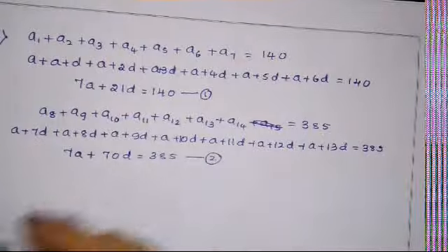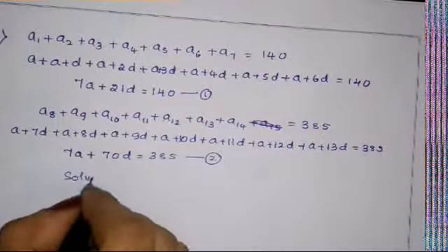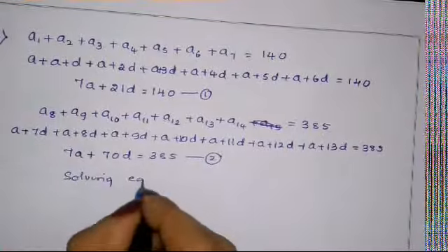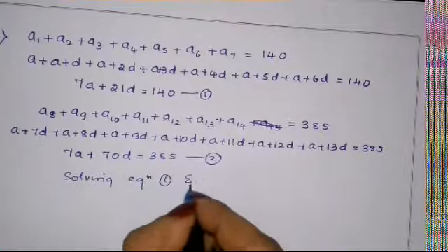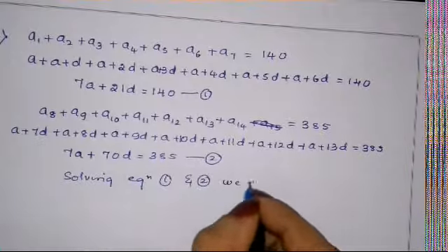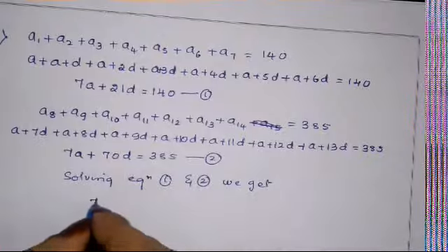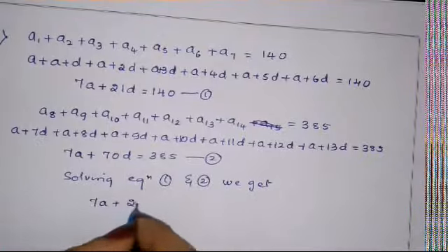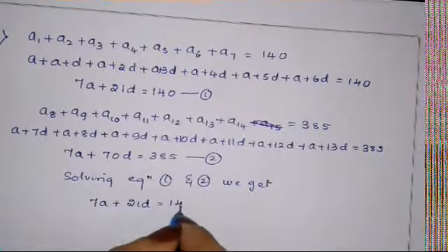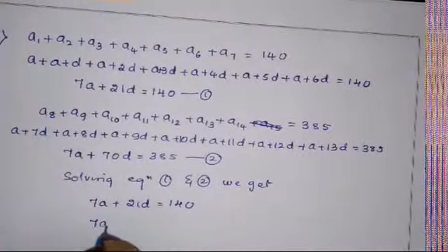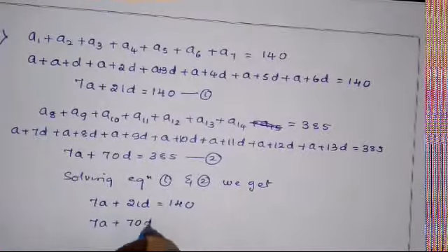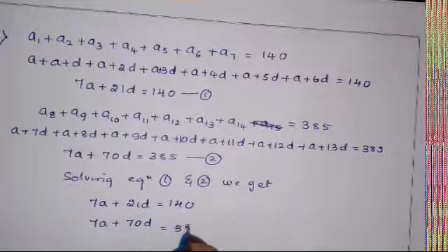Solving equations 1 and 2, we have 7A plus 21D is equal to 140 and 7A plus 70D is equal to 385.